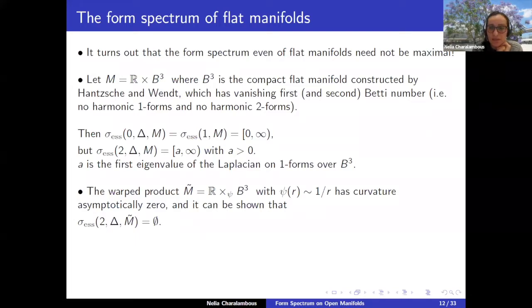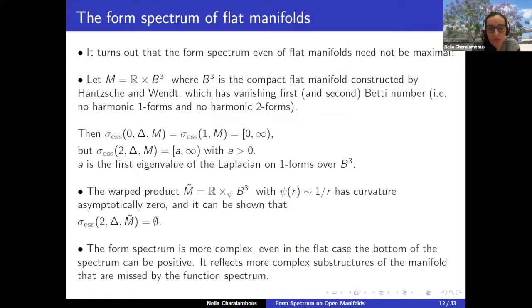So we study the operator on 2 forms and find an equivalent operator that's like a Schrodinger operator and show that the potential of this operator goes to infinity. In other words, the spectrum will have to be discrete in this case. So the essential spectrum will be empty.